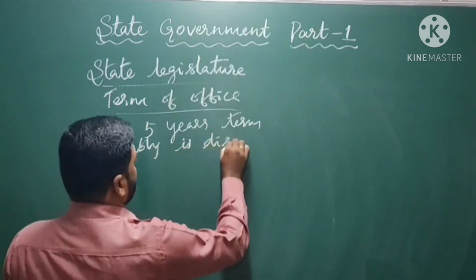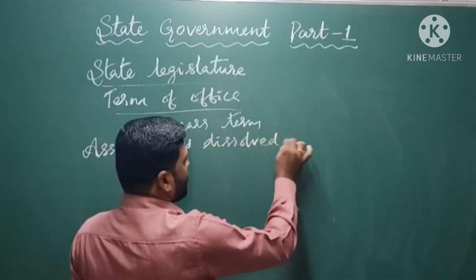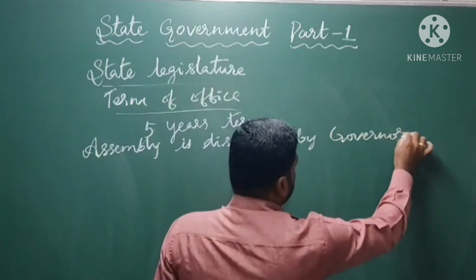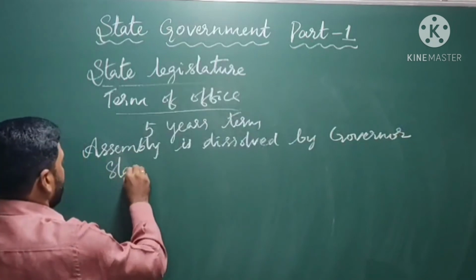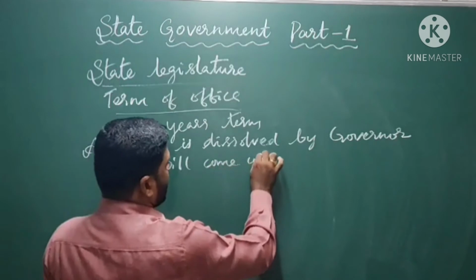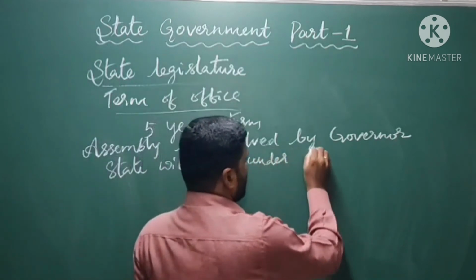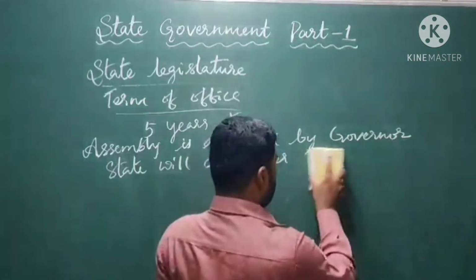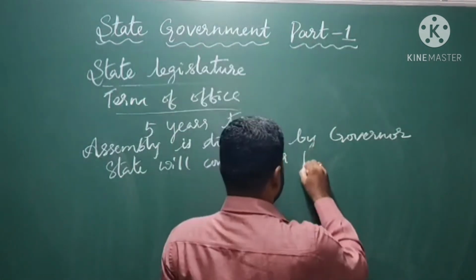If the assembly is dissolved by the governor, then the state will come under President's rule.